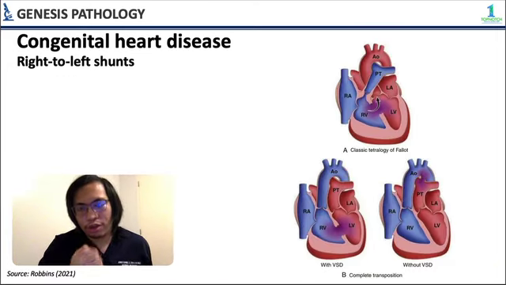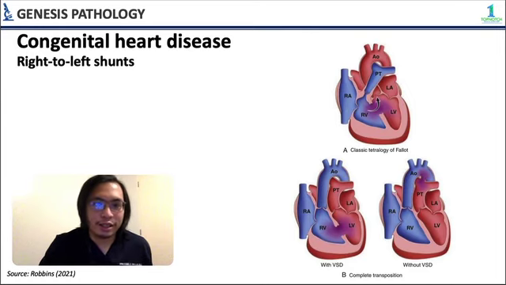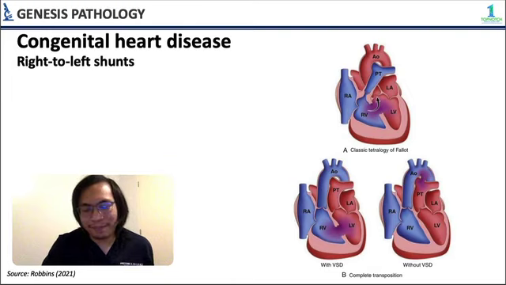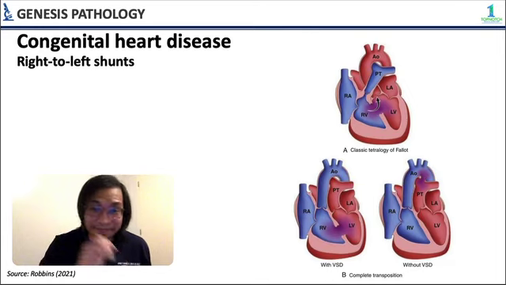Okay? Cyanosis. So, the most common cause of cyanotic congenital heart disease is actually your tetralogy of Fallot. Tetralogy, 4, no? Tetra pack. Apat yung core. Pag tetra, merong apat na components.